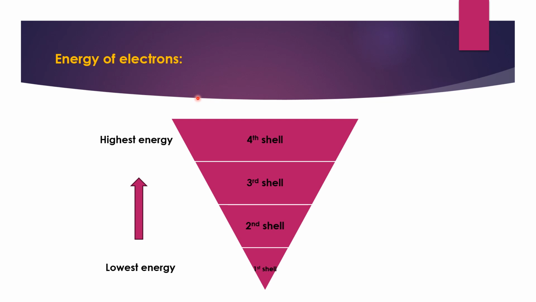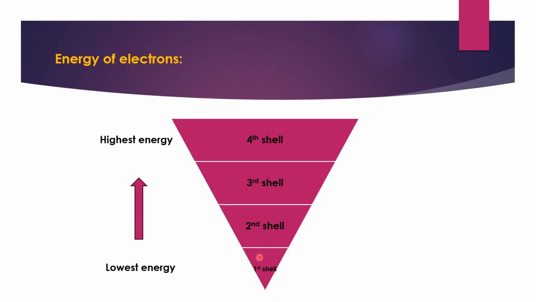In the last part, we have seen the distribution of electrons, where we discussed the number of electrons. Here we'll discuss the energy of electrons, and the concept is very simple. For example, these are the number of shells. As you can see here, the first shell has the lowest energy of electrons.